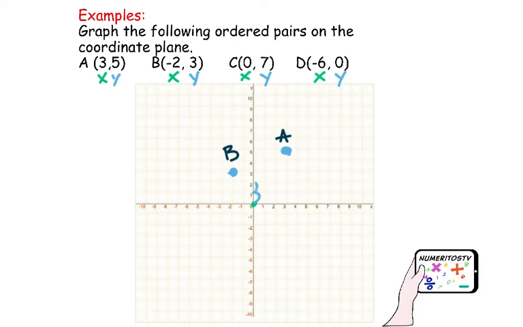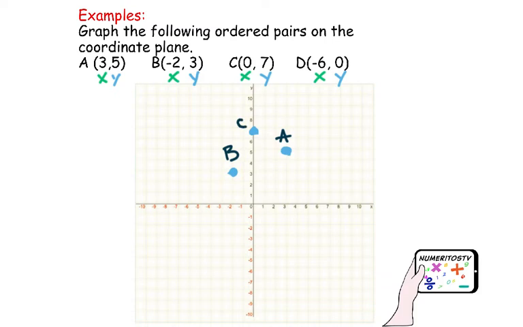So 1, 2, 3, 4, 5, 6, 7, and I draw my point. As you can see, this point is going to be on the y-axis because I didn't have any movement on my x-axis, and then you label it. This will be coordinate C or ordered pair C.